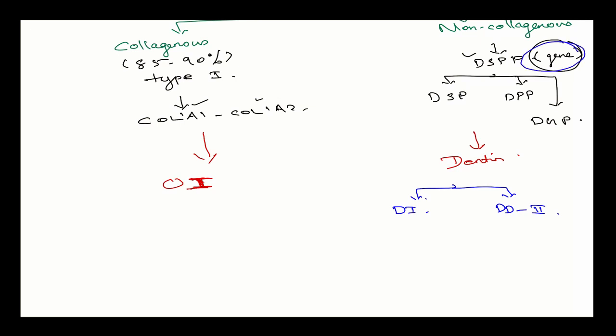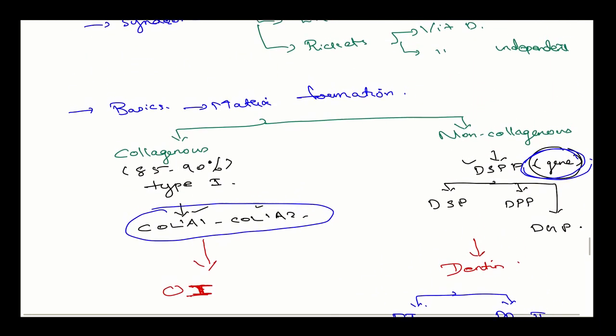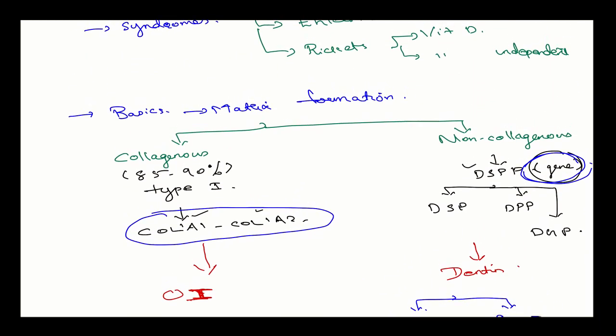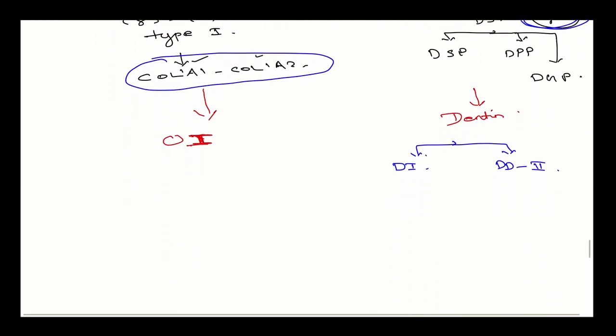So if there is a problem with the DSPP gene, the disorder will be dentinogenesis imperfecta or dentine dysplasia type 2. If the problem is with the COL1A1 or COL1A2 gene, the disorder is osteogenesis imperfecta, because collagen is also part of bone. This is the basic understanding you need for dentinogenesis imperfecta.